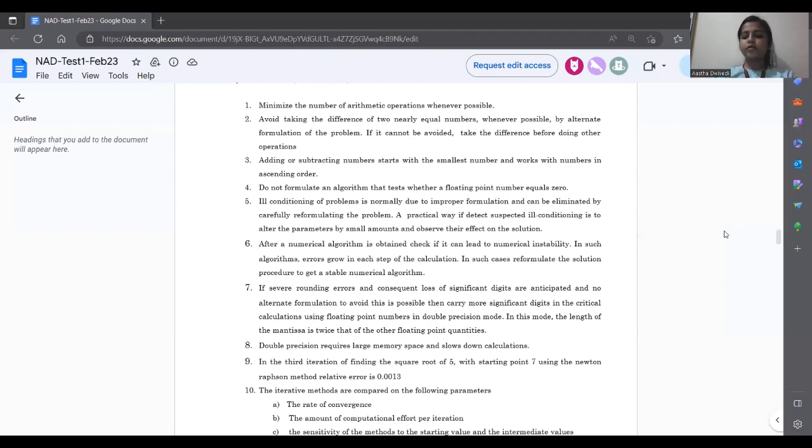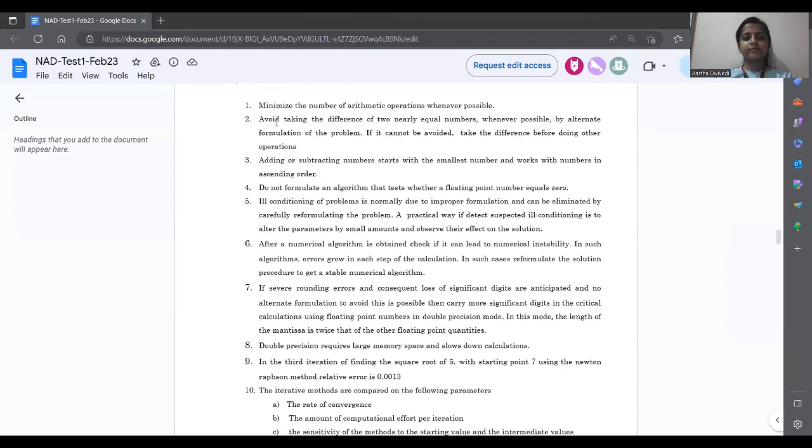This can help to reduce the impact of loss of precision and improve the accuracy of the result. Overall, avoiding the difference of two nearly equal numbers, or taking the difference before performing the operation, can help to improve the accuracy and numeric stability of algorithms that involve floating point numbers. So the second statement is also true.